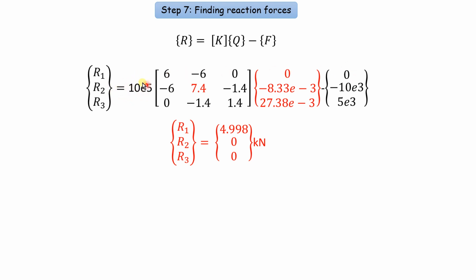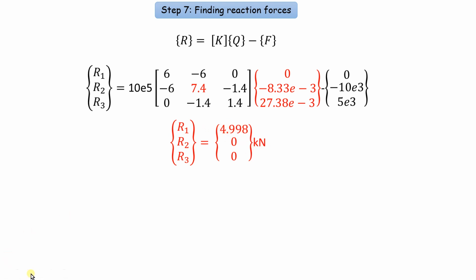Don't forget about this, because this is common for this matrix. So when you solve this, 10 raised to 5 into 6 into 0 will be 0, minus 6 into minus 8.33 into 10 raised to minus 3 minus 0. So when you solve that, you will get the reaction at first point equal to 4.998 kilonewton.